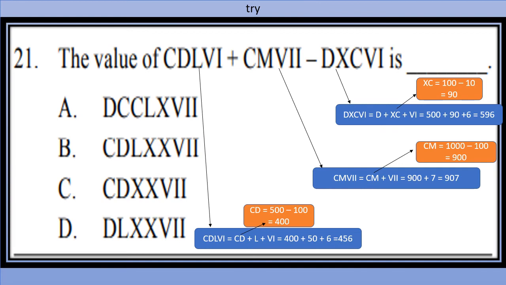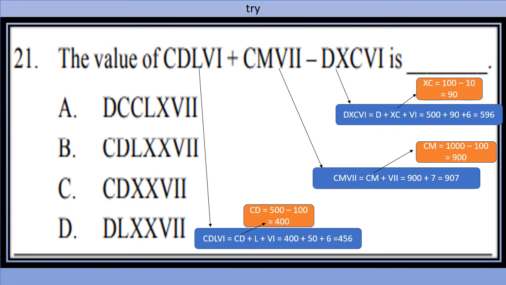Now CD is 500 minus 100 equals 400. D is 500, C is 100. Now as C appears left to D, it will get subtracted from D. So CD will be 400.